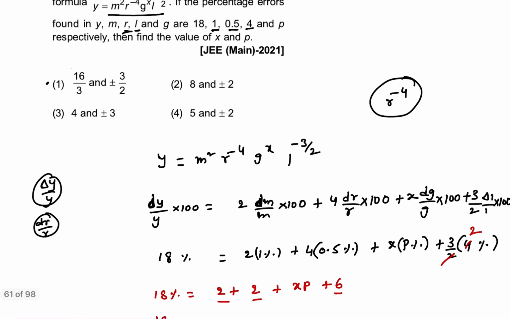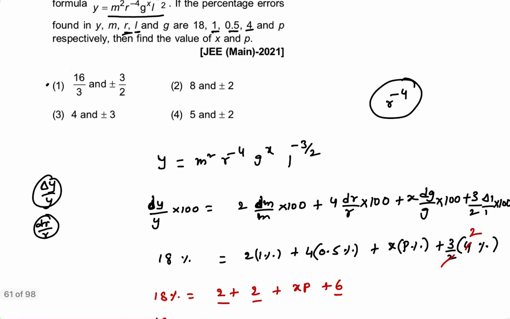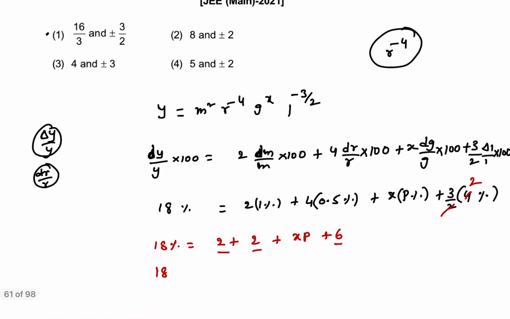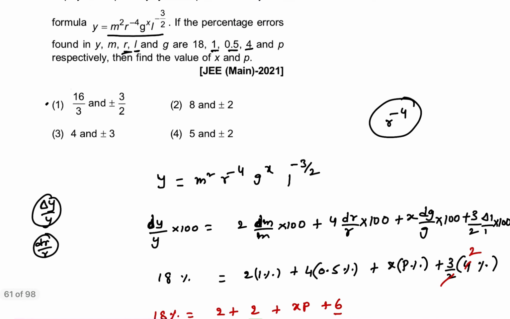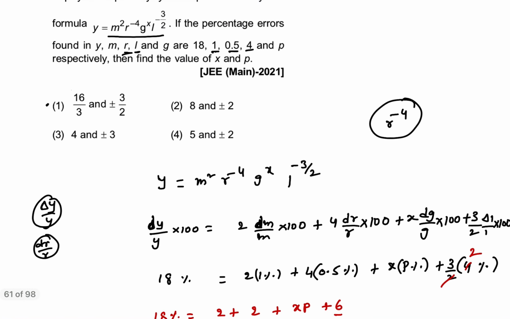Now write the 18 percentage, and 18 percentage minus 10 percentage is equal to x into p. So now you will get 8 is equal to xp.